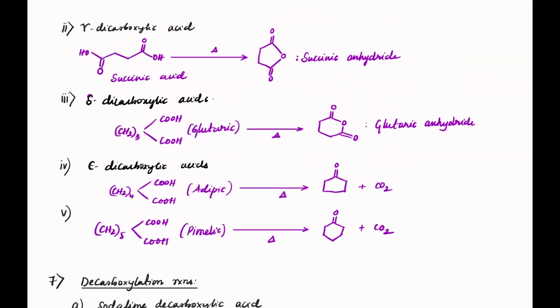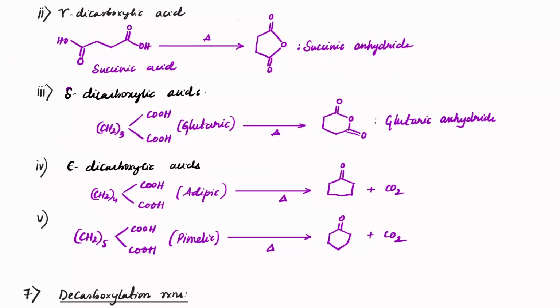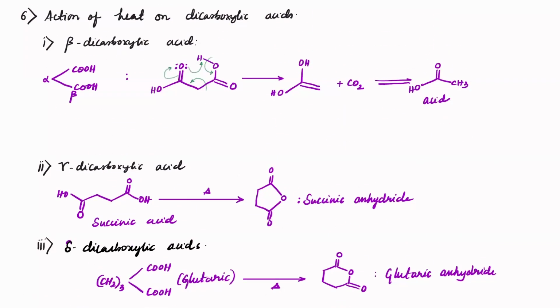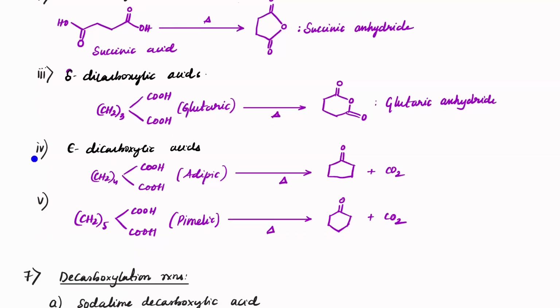So this is one very important thing to notice. If you want to get decarboxylation done from dioic acids, then which are all the cases you can do? Case one, which is beta dicarboxylic acid. Then we have the fourth case, and then we have the fifth case. In these three cases, we will notice decarboxylation is done.